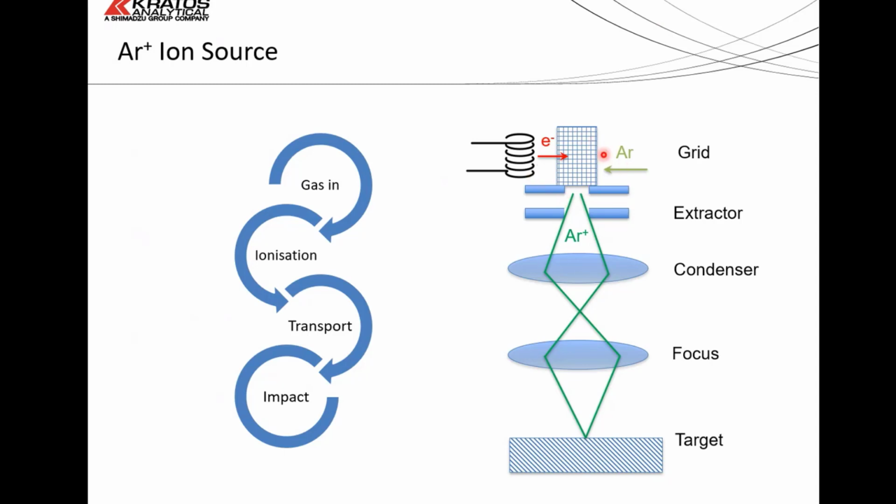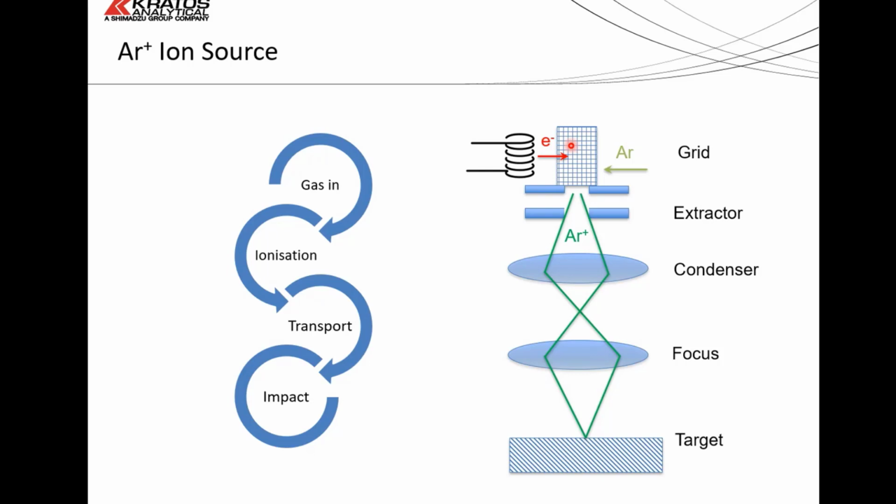This is similar to what you find in a residual gas analyzer or a basic mass spectrometer. The gas flows into this open volume, which is enclosed in a transparent grid. The grid is held at our beam energy. So if we're supplying argon ions of 5 kV, we hold that at 5,000 volts.